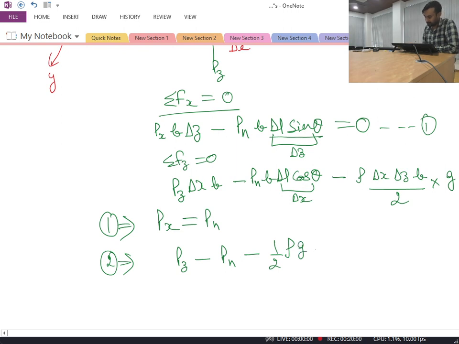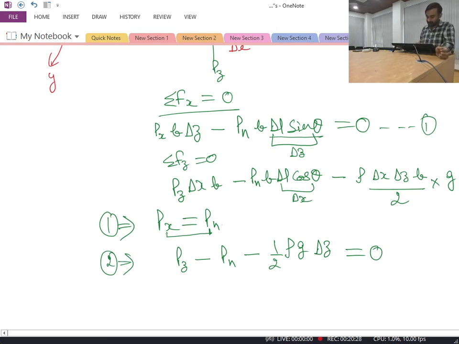One important thing we get here is that in the horizontal direction the pressure is actually the same, because the horizontal force balance results in Px equal to Pn.